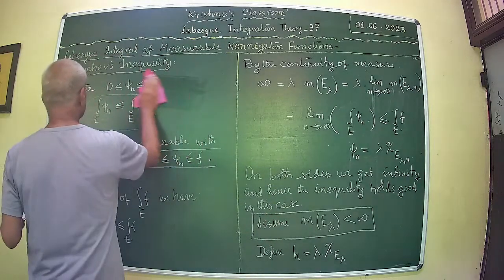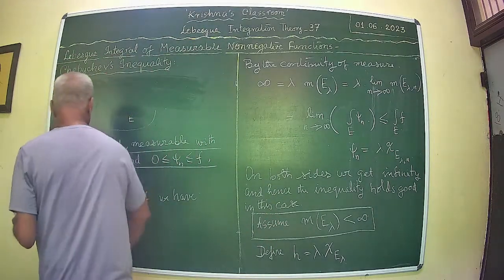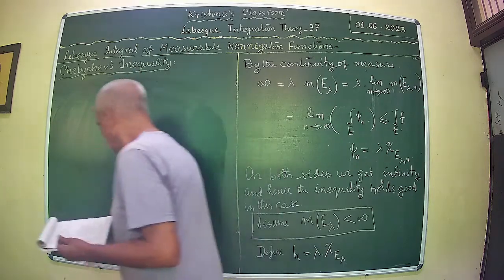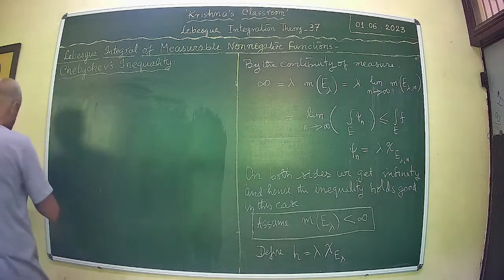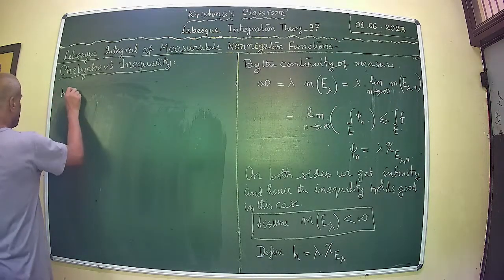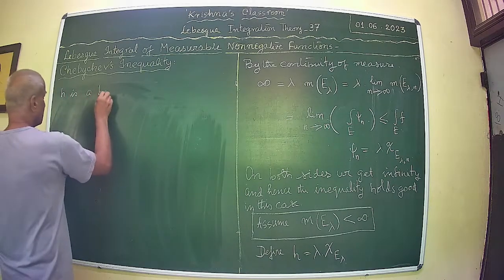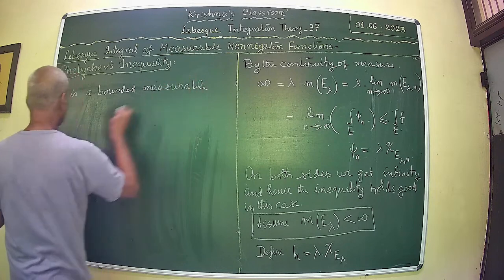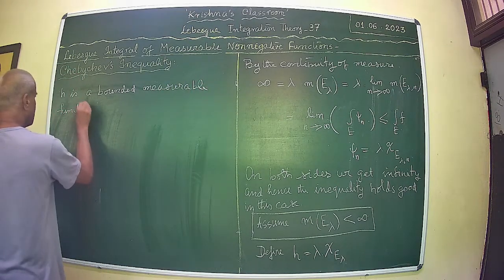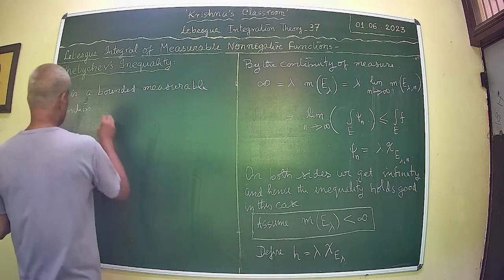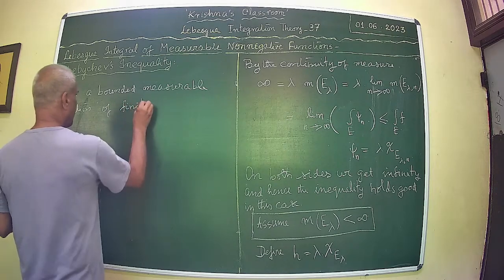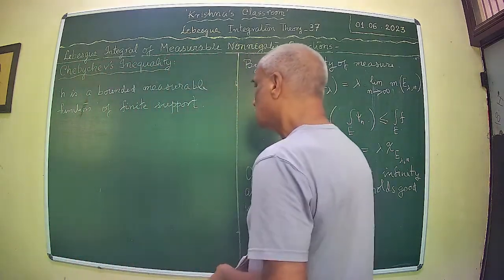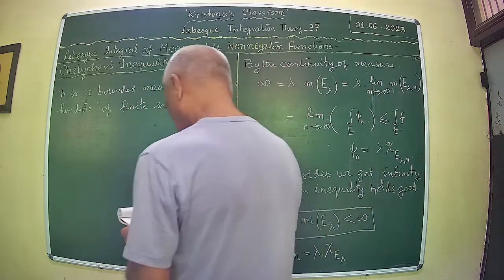So what about h? Because its support is E lambda, that's a finite measure. Okay.